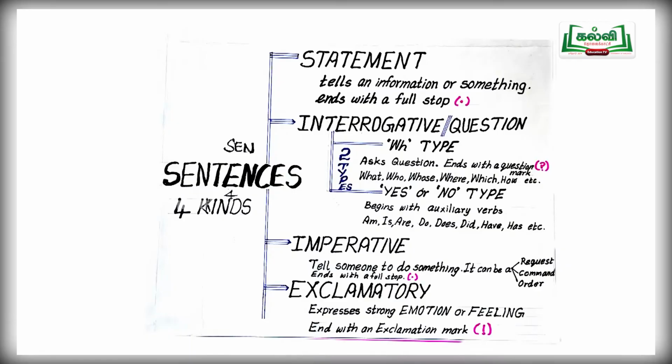It tells someone to do something. Imperative can be a request, command, or order. The fourth one is exclamatory. It expresses strong emotion or feeling. It ends with an exclamation mark. Now you are thorough with the 4 kinds of sentences.